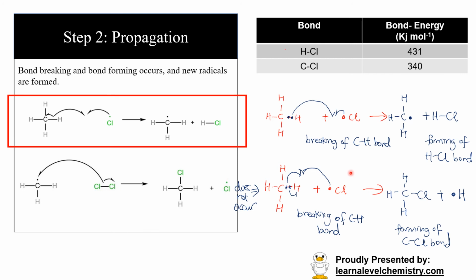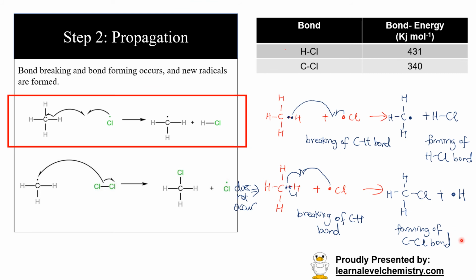That means this reaction is favored because more energy is being released. And as such, we get the alkyl free radicals instead of the hydrogen free radicals being formed in the propagation step of free radical substitution.